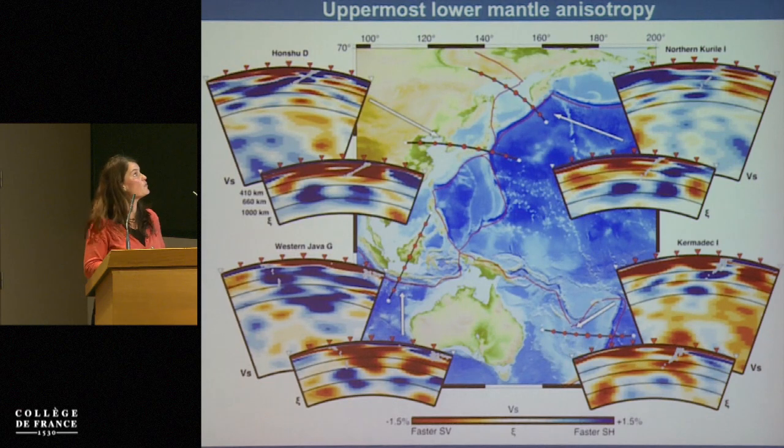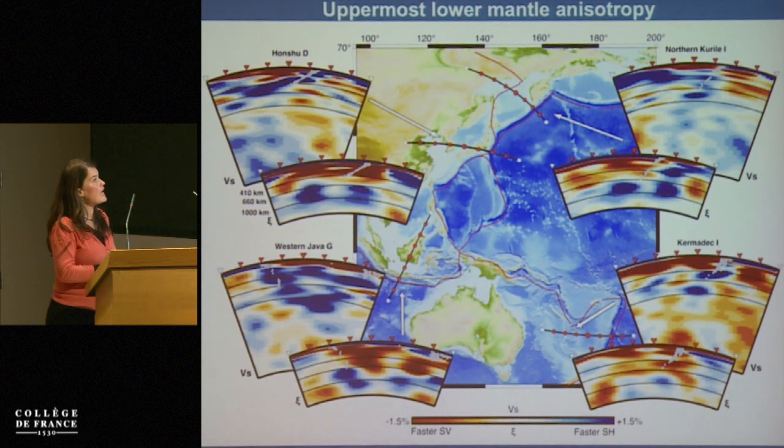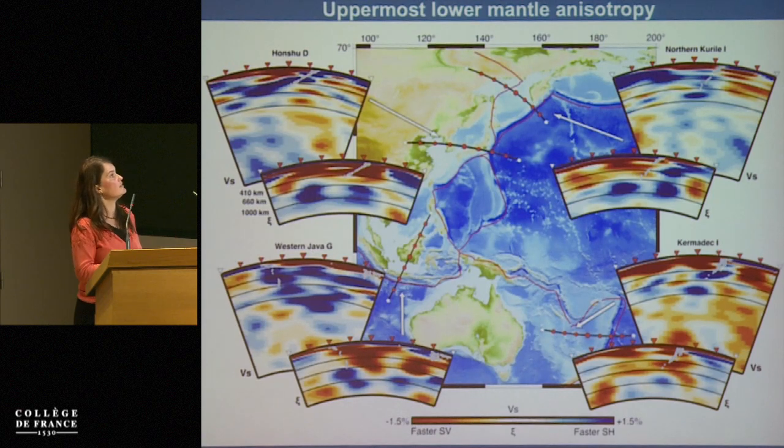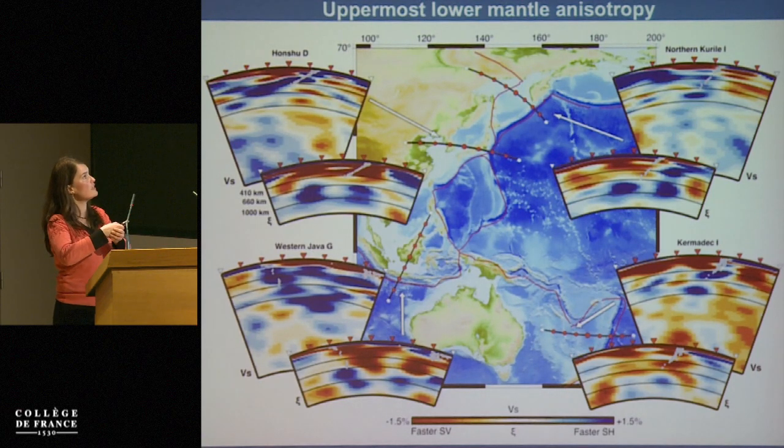Carolina, for example, recent work showed that there seems to be a viscosity jump there. And what is quite striking in the images is that in the transition zone, upper mantle, we see the slabs mostly associated with these fast SV anomalies, but we really seem to find in the uppermost lower mantle these faster SH anomalies that you can see pretty much beneath every slab.